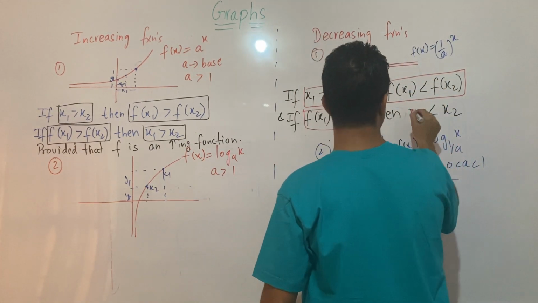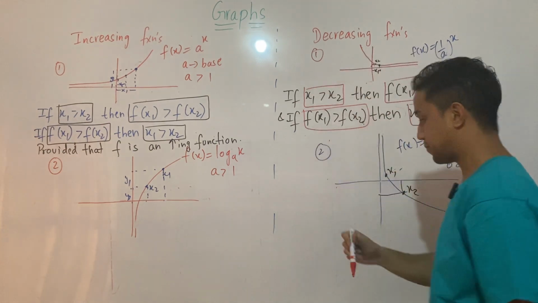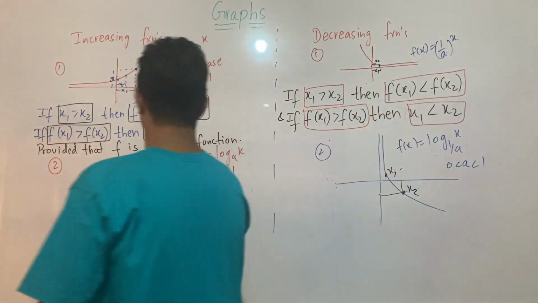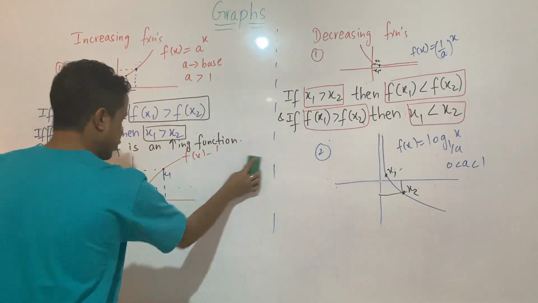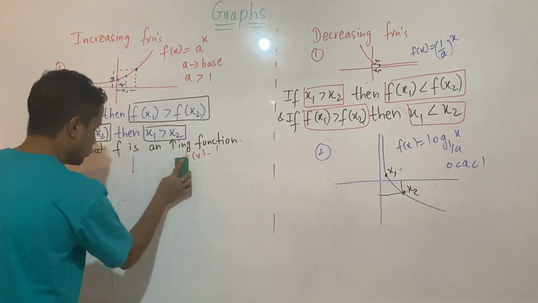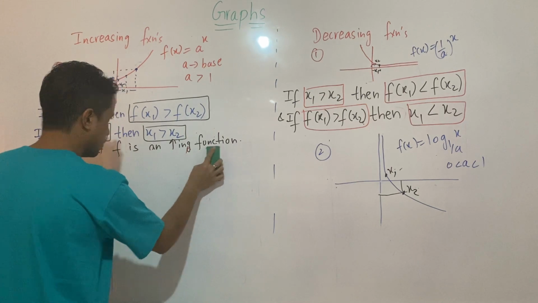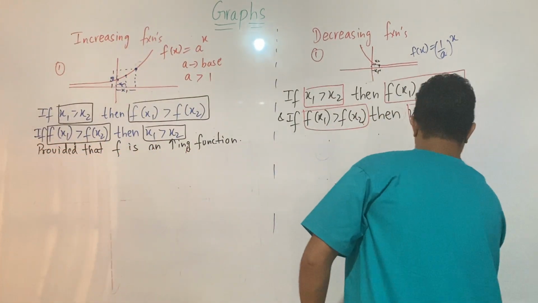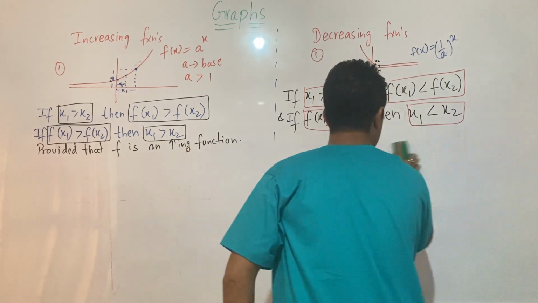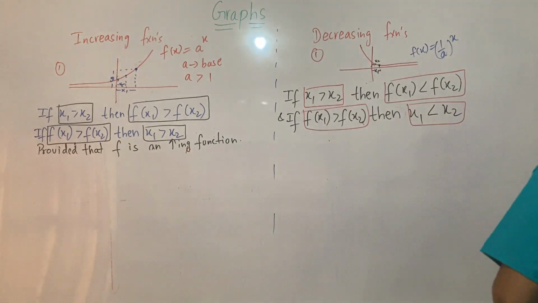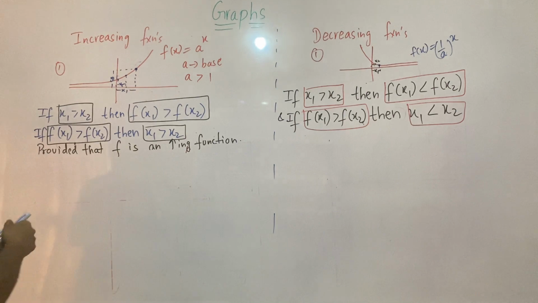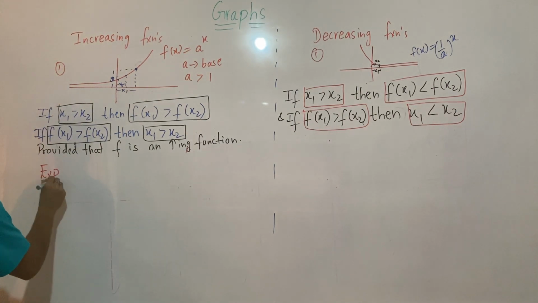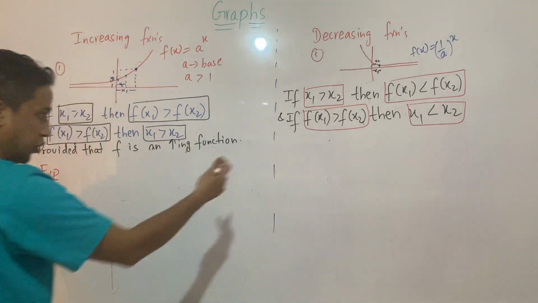Now we'll take some real-time examples to understand this scenario. So here I'm going to erase this part. Let's take the exponential function first, and here exponential 2.